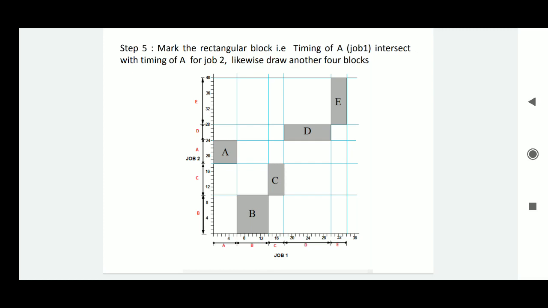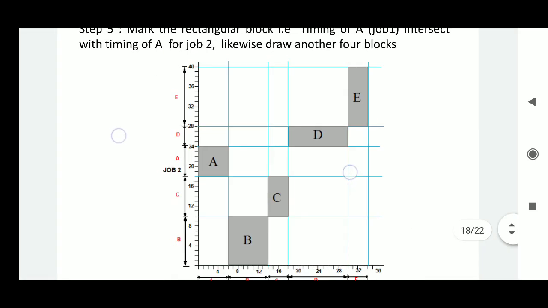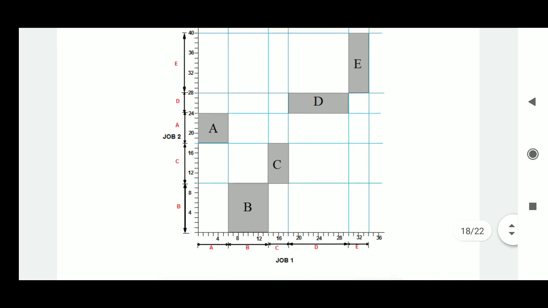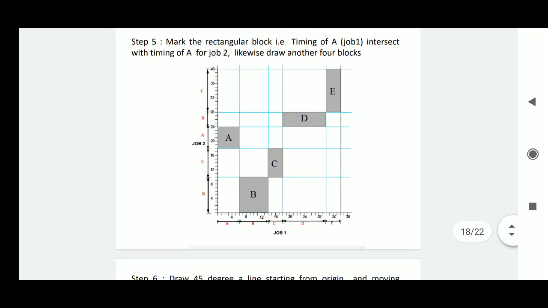Here the intersection of the vertical A with the horizontal A, and make the block. Similarly, make the block for B, the intersection of B with B. Similarly, make the intersection of C with C, and mark the rectangular block. In this way we can make the blocks.